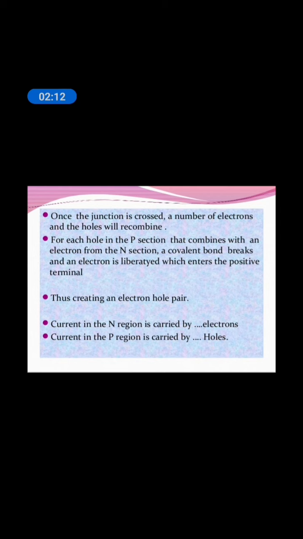For each hole in the P section that combines with an electron from the N section, a covalent bond breaks and the electron is liberated, which enters the positive terminal, thus creating an electron hole pair. Current in the N region is carried by electrons and in the P region current is carried by holes.